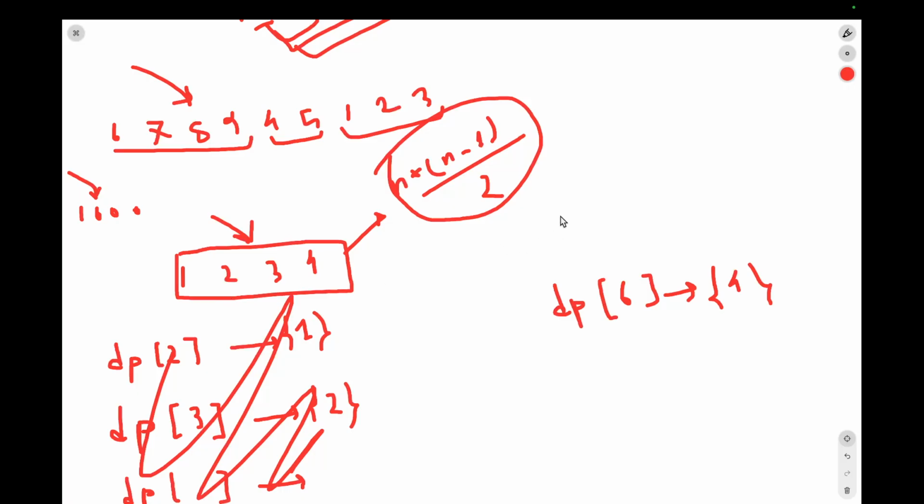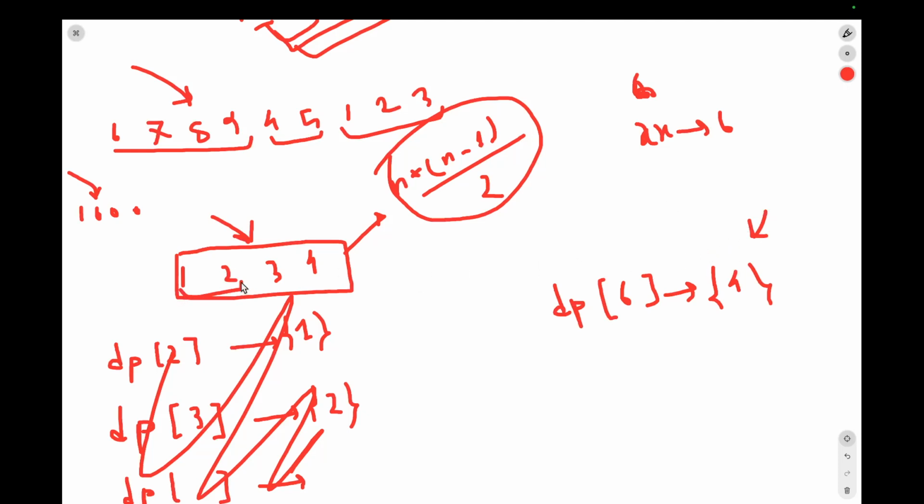So if someone gives x equal to 6, then it will give 4. That 4 means we will form an array where 4 elements are strictly increasing and nothing else. Why 6?